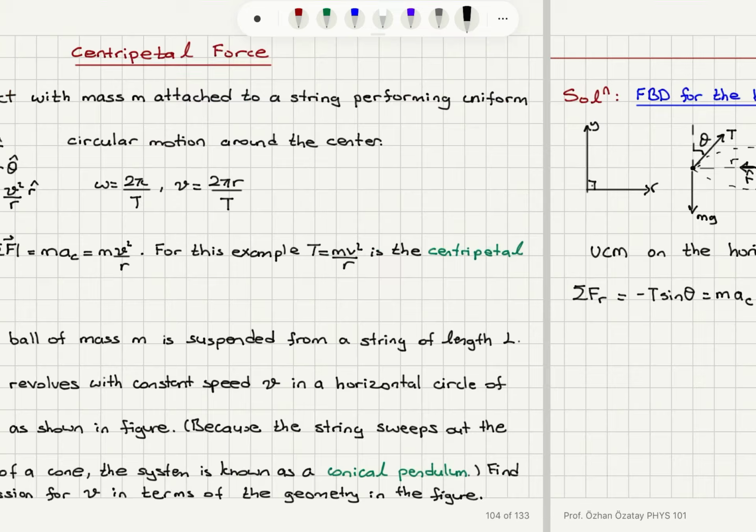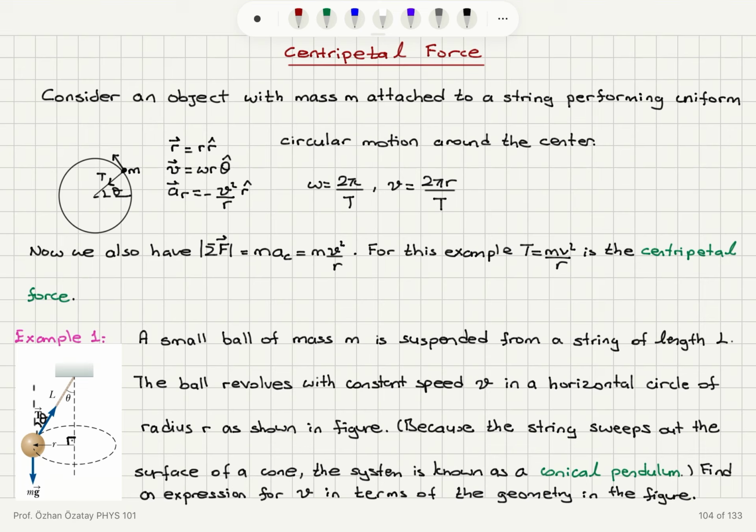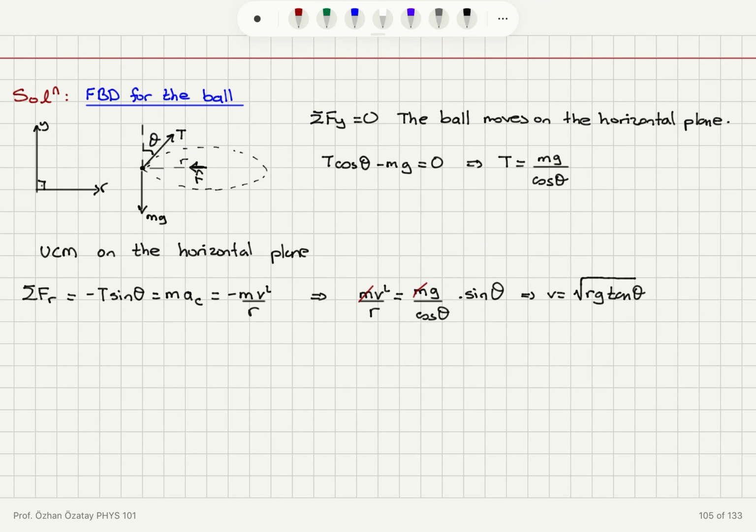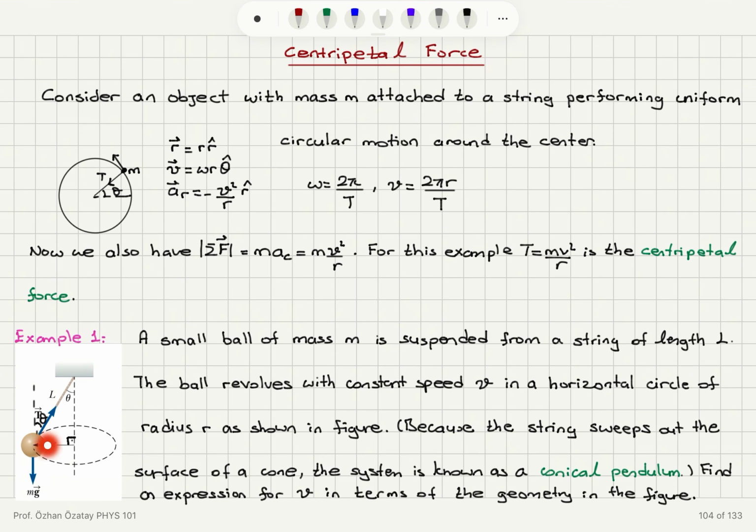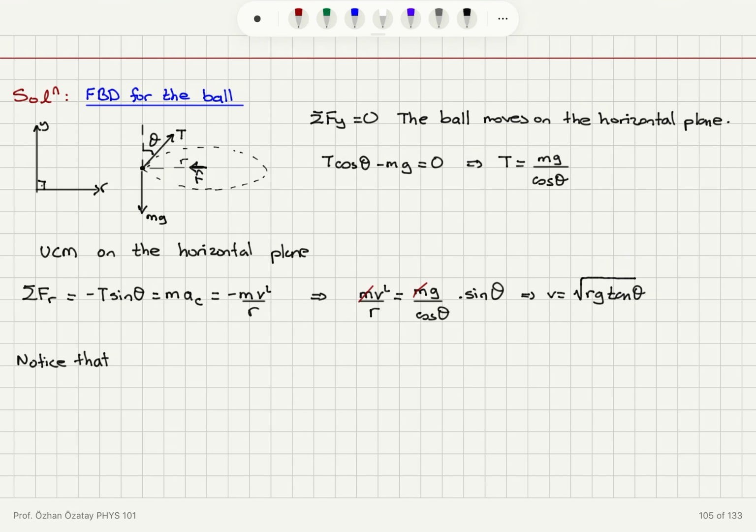Now at this point, I'm careful about the problem statement, an expression for v in terms of the geometry in the figure. So that is in terms of the length of the string. And I can notice that from this right triangle that we see here, L cosine theta is here, L sine theta is r.